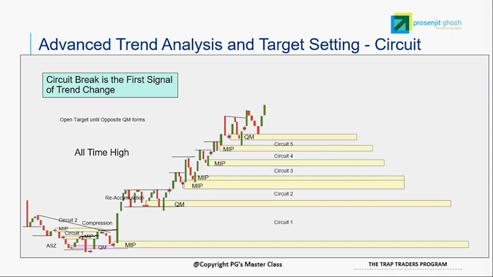So the QM got tested, price moves up, and the price engulfs the last newly formed resistance. By this we know another pivot MIP got created which has a pro gap, and we are marking this pivot MIP. Now the QM and the pivot MIP don't have a gap in between them, so there is no circuit there.